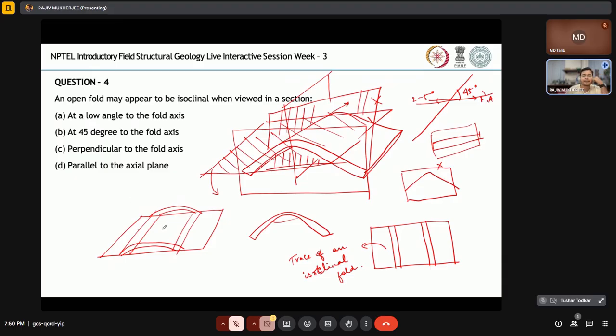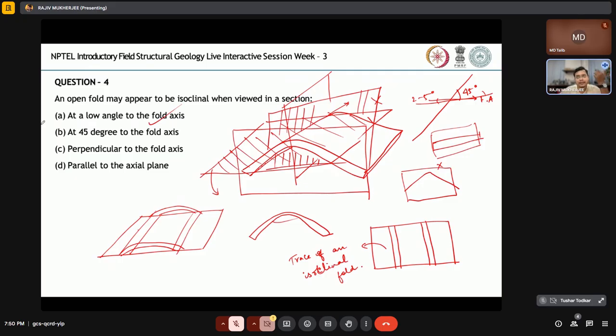So in this case, if we cut a section across the fold at a very low angle to the fold axis, then only it is possible to get an apparent section of the fold which would look like a trace of the isoclinal fold. Because in an isoclinal fold, the bedding planes at both the limbs have the same attitude, right?